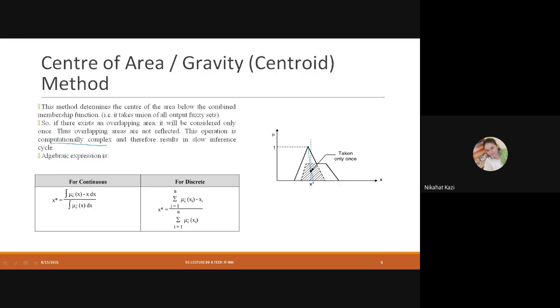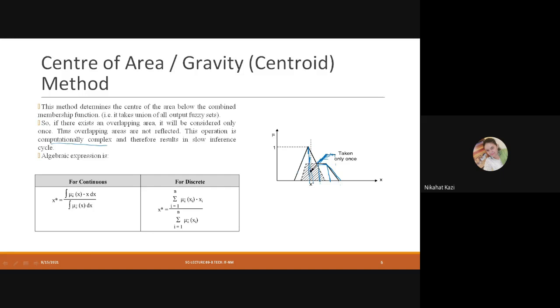Area under this region, then area under this region, like this. If you look at this particular region, what will you do? Area under this curve, then this one, then this one, and then this one. Sorry. This one, and then this one.